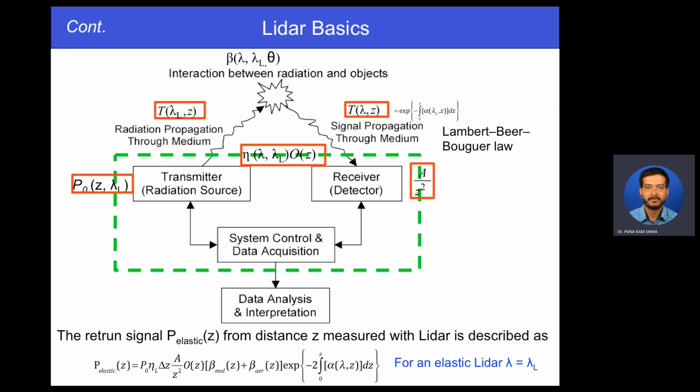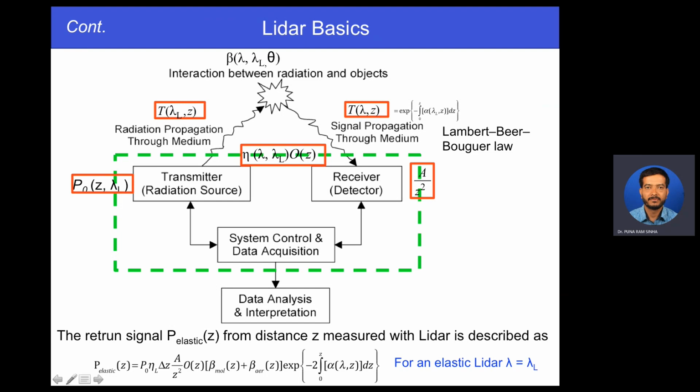For elastic lidar, the wavelength of the transmitted and the received signal is the same. There is no change in the wavelength of the electromagnetic wave. That's why it is called elastic. So this is the equation of an elastic lidar, which is expressed over here.